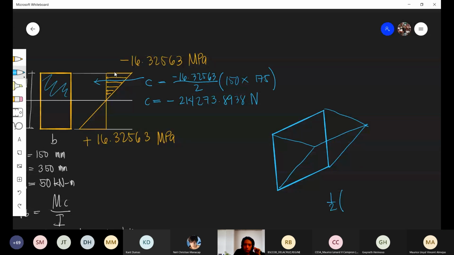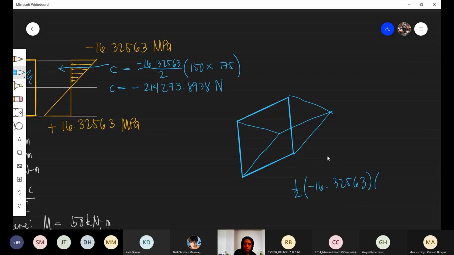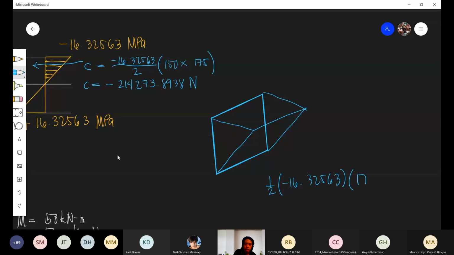The base is this one, that is 16.32563. 1/2 base times height. The height is 175, right? 175 multiplied by the pinaka-altitude or pinaka-height or ini nga distance.